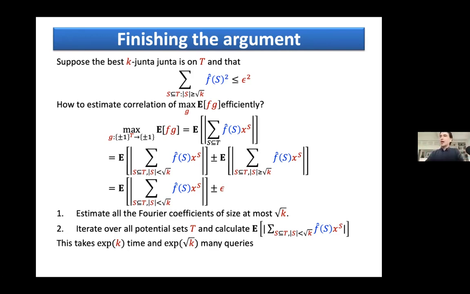Now you can run in time which even depends on n. We are doing an algorithm that works in sub-exponential in n time, but n is linear in k for us, or L. Okay, we called it L.